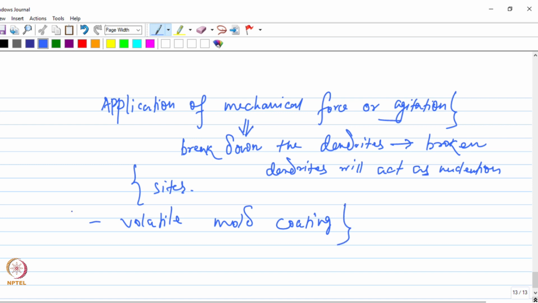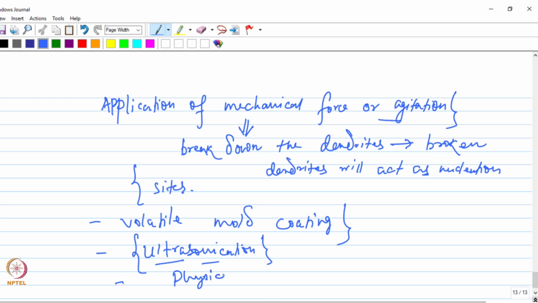Then you can also subject the liquid metal to ultrasonication. In fact, this has become one of the popular techniques for grain refinement using the melting casting route.